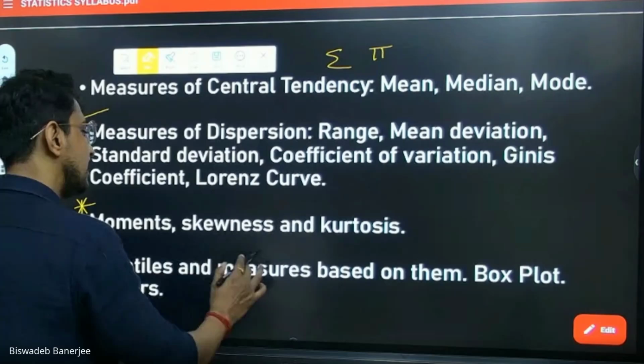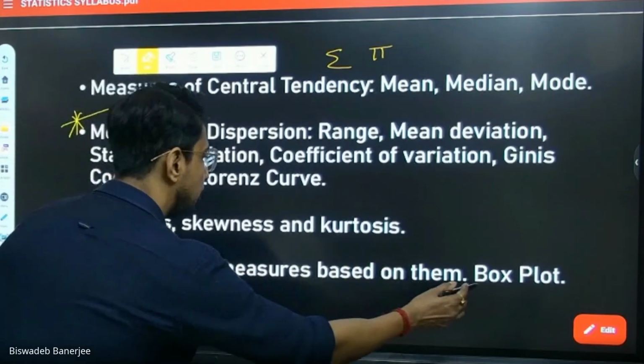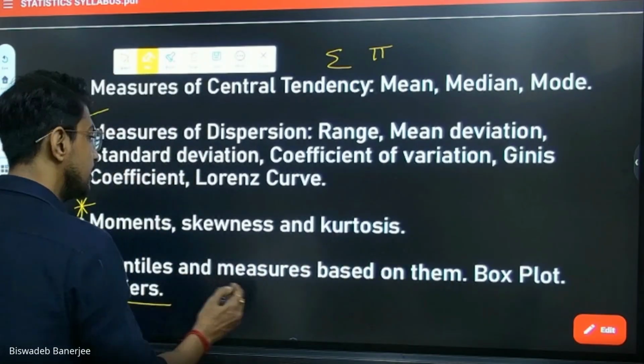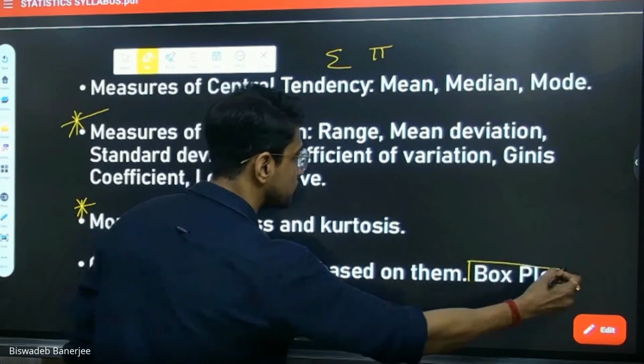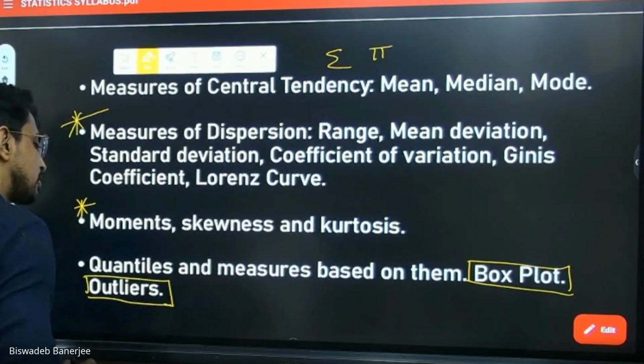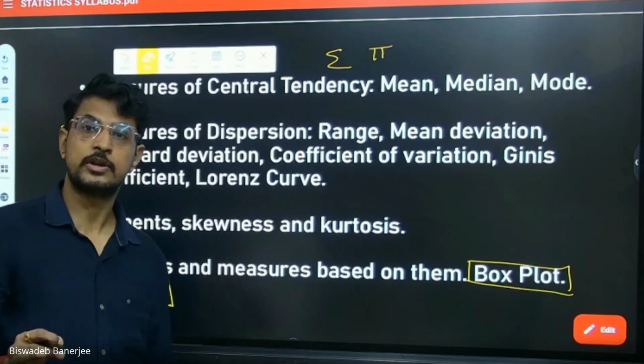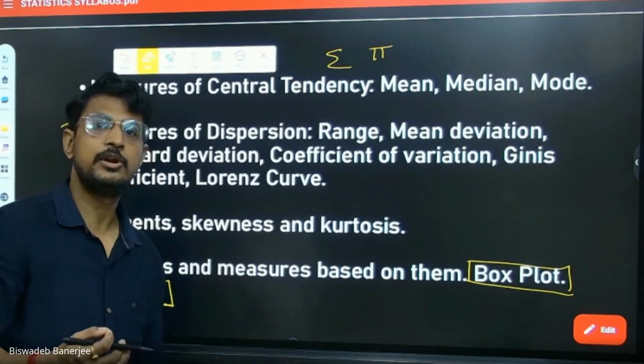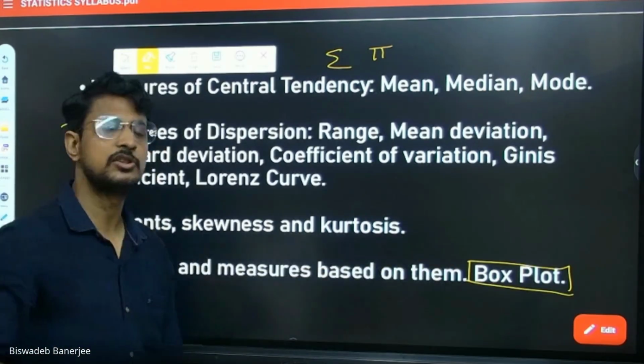Then quantiles and measures based on them, box plot and outliers. This box plot and outliers portion is theory. From this portion, you shall not get any mathematical problems. This is totally theory.